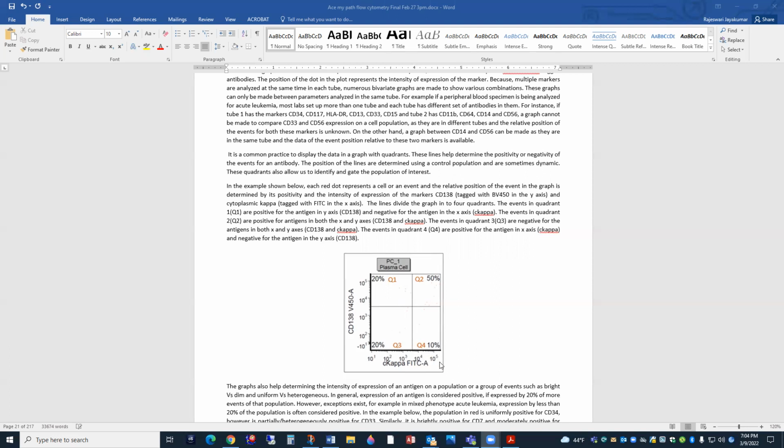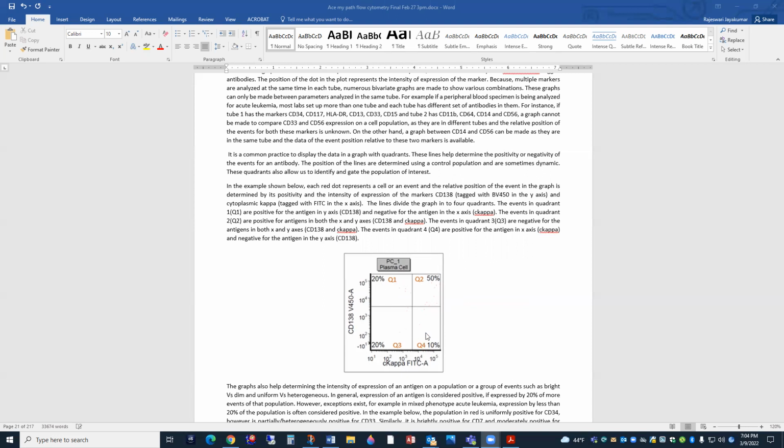Similarly, on the y-axis, anything above this line is positive for the marker on the y-axis, and anything below is negative. So all of these are positive for 138, and all of these are negative for 138. All of these are positive for kappa, all of these are negative for kappa.